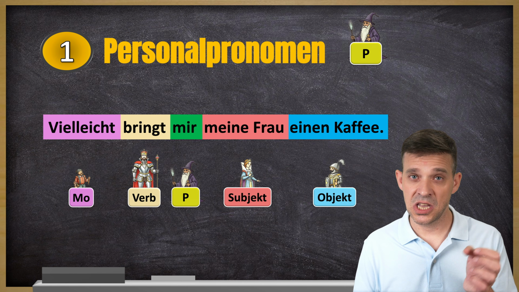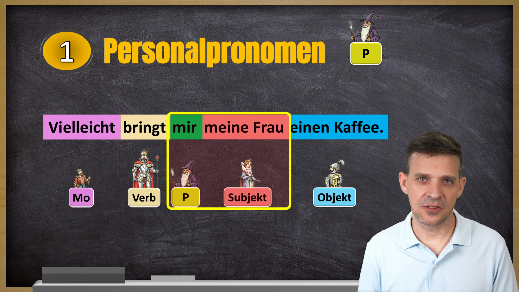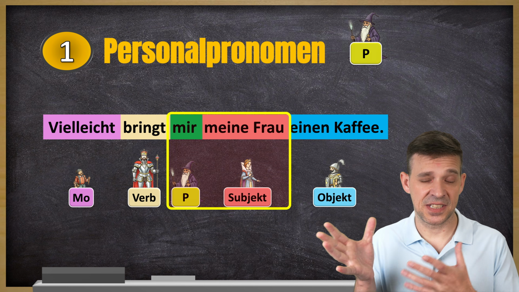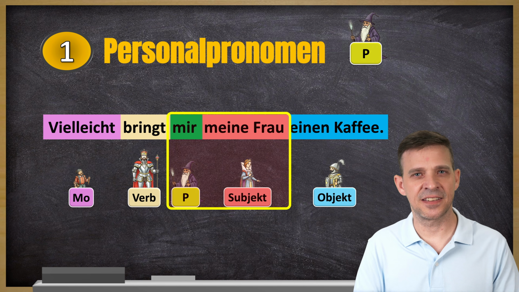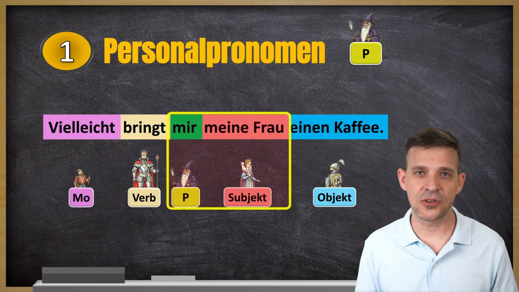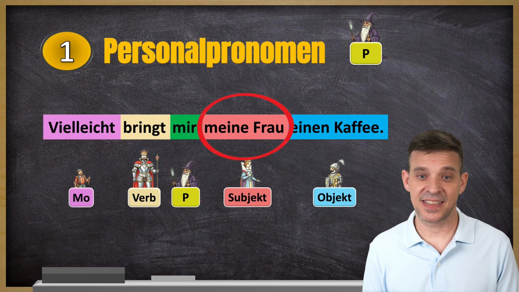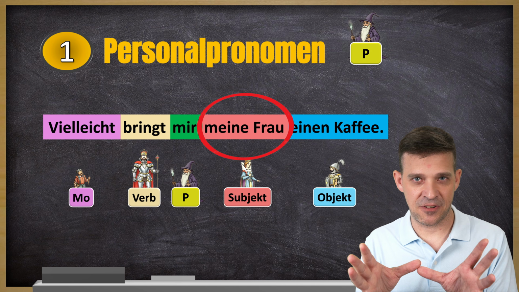The sentence is perfect. But what is special here: you see you have this situation where the magician is more important than the subject. And there is a rule for this. Because when you look closer at this meine Frau, this is actually a normal noun.